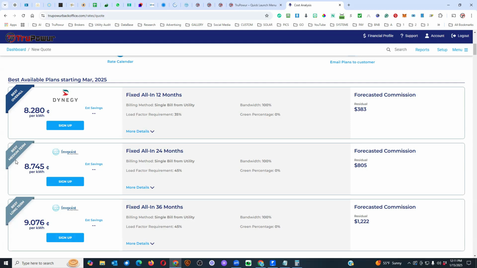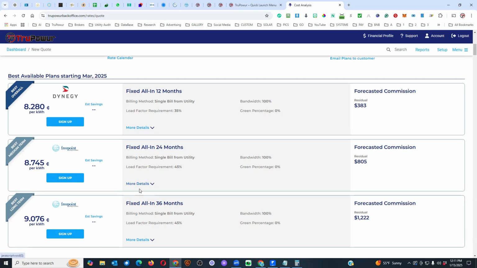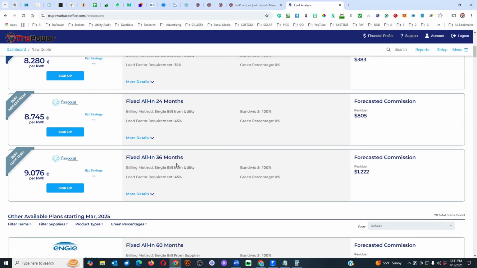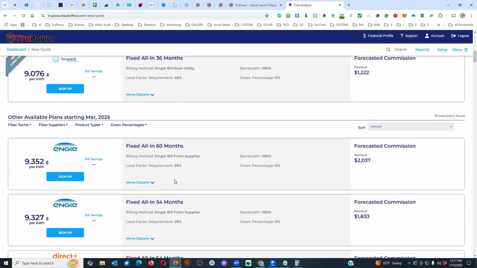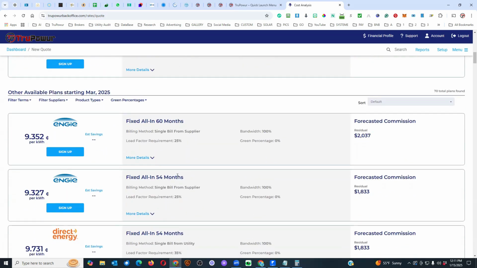You'll see the banners over there on the left-hand corner, best medium term, best long-term. So you're typically going to see 3 of the best at the top. But if you come down below that, you're going to see all of the rest of the plans that are available. So right here, you can see that we're looking at 76 total plans.